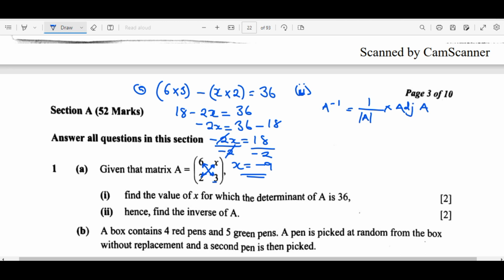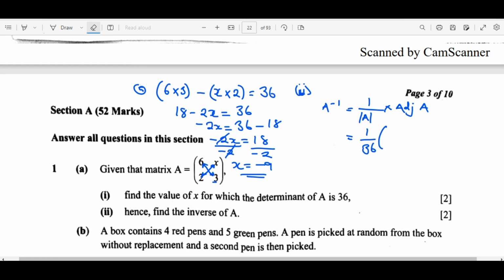We can substitute 1 over the determinant, which is 36, and then open bracket the matrix that we are given. The matrix that we are given is here.